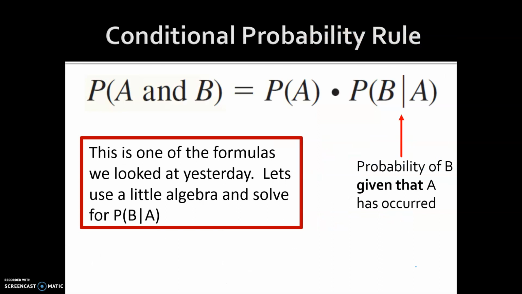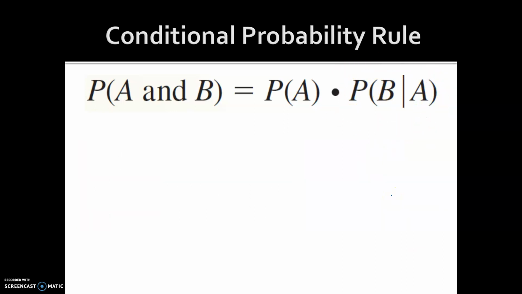All right, so we actually have a rule for conditional probability. Now, you don't have to use this, but it's going to be helpful for the next few problems that you see. So this is one of the formulas we looked at yesterday. And what we're going to do is we're going to solve for this conditional part of this equation. We're going to just solve for that value right there.